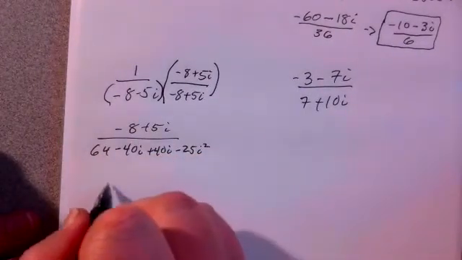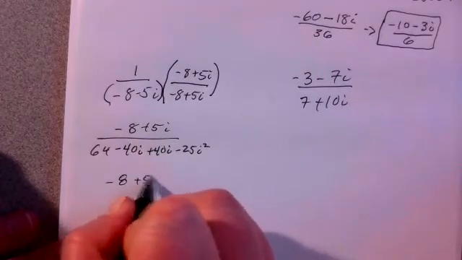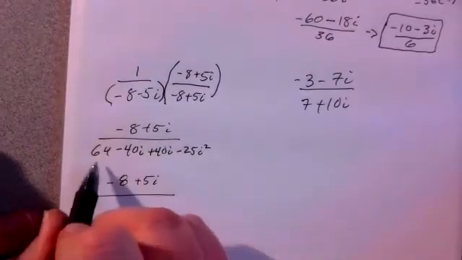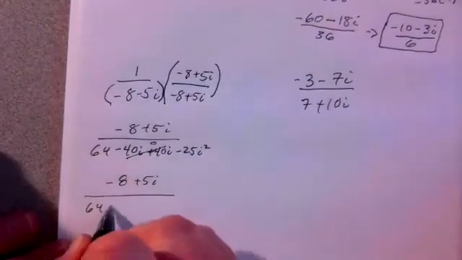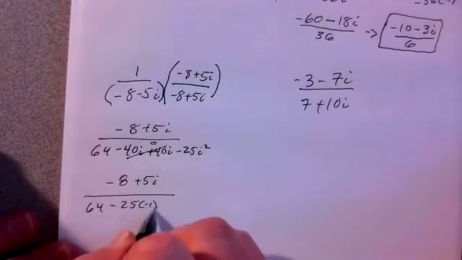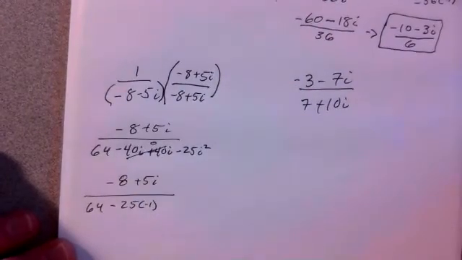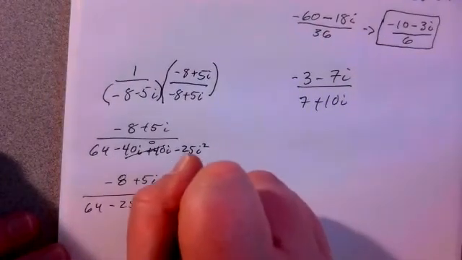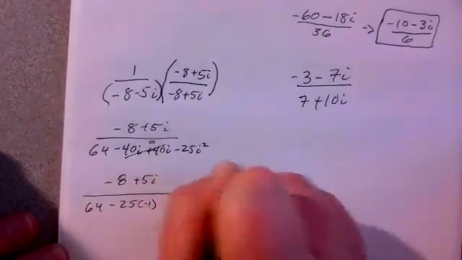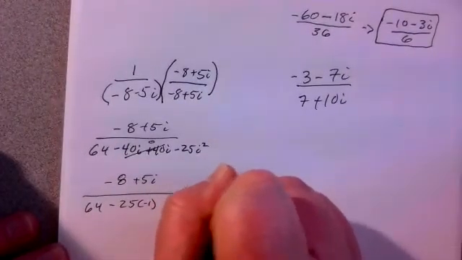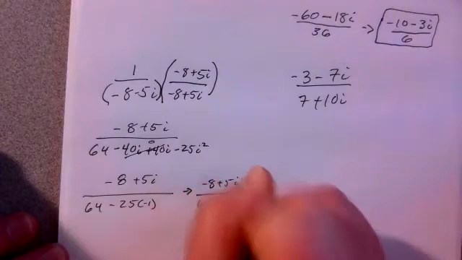So the numerator stays the same, negative 8 plus 5i over, and then I'd have 64, that 0s out, minus 25 times negative 1. And that can be simplified. So I get negative 8 plus 5i over 64 plus 25.